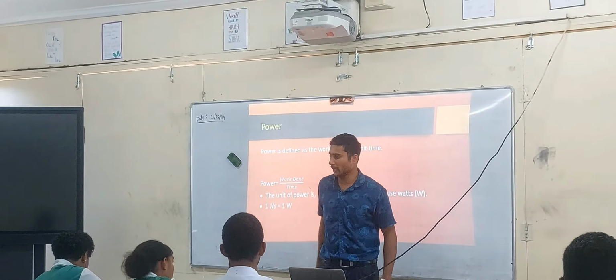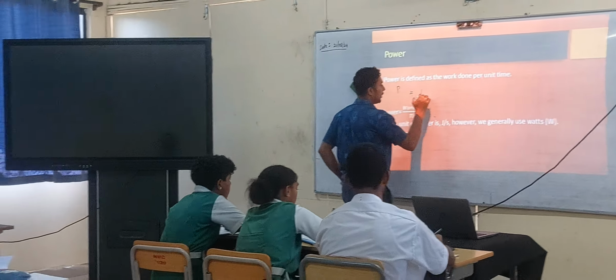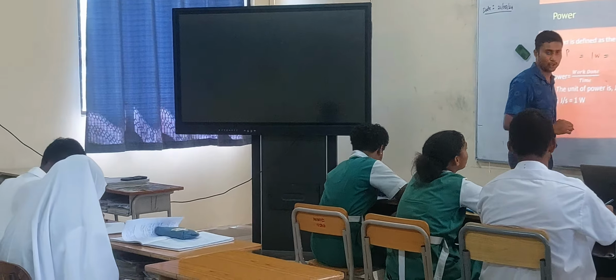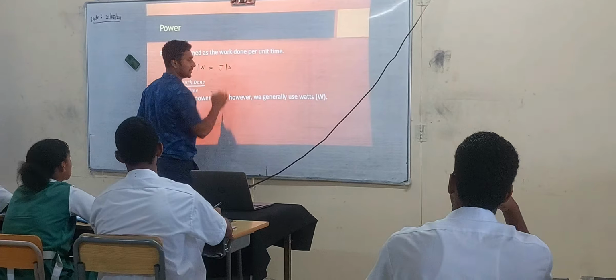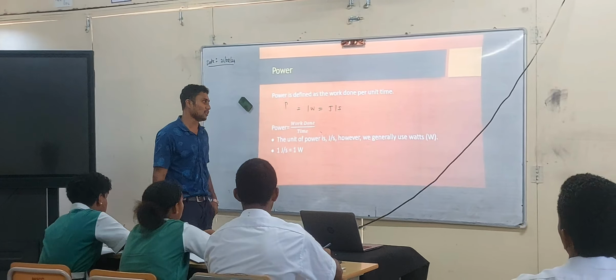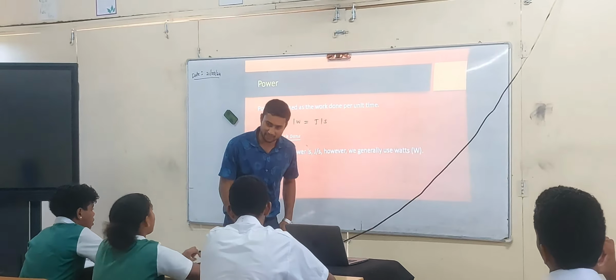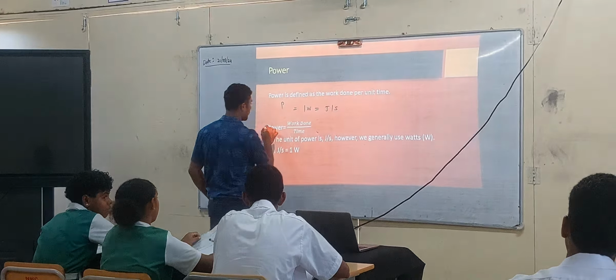What is the unit for power? 1 watt is equal to 1 joule per second. So this is the formula: power is equal to work done divided by time.